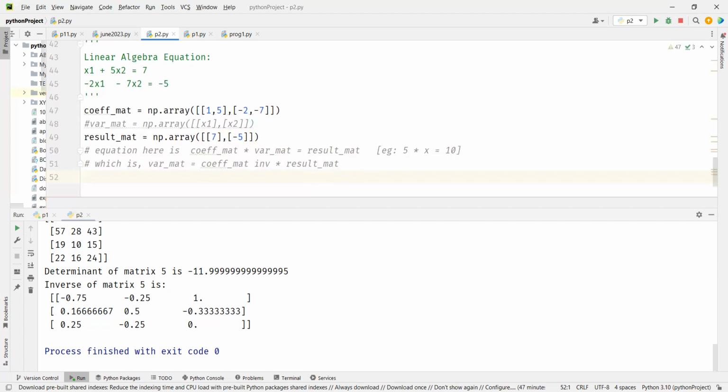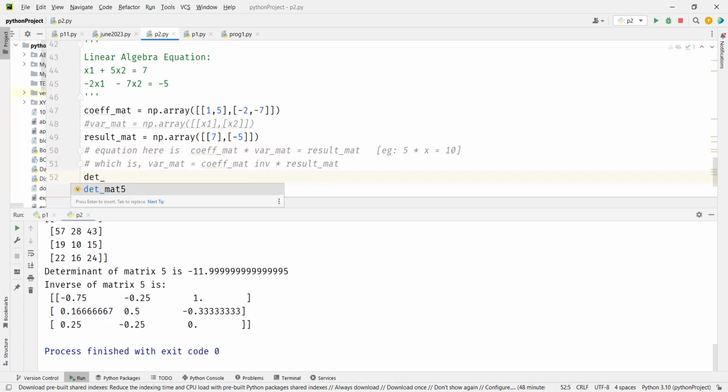So how to get the inverse? Before calculating the inverse, we have to check that this value is not 0. If I say 0x equal to 10, then obviously you can't find the answer, right? So here you have to check the determinant value.